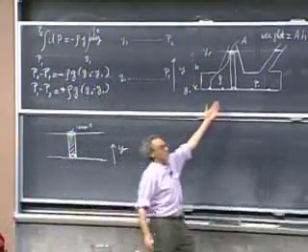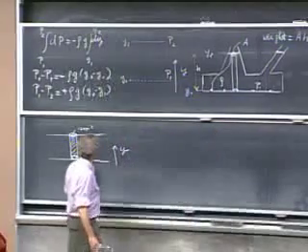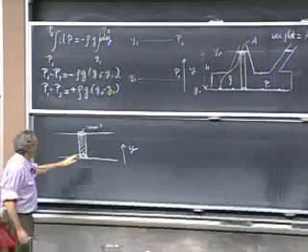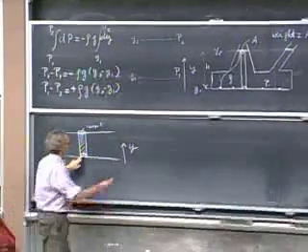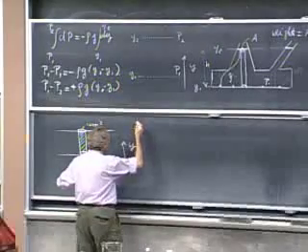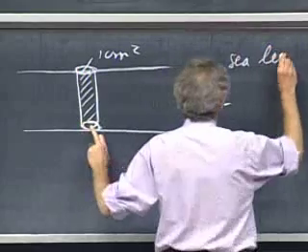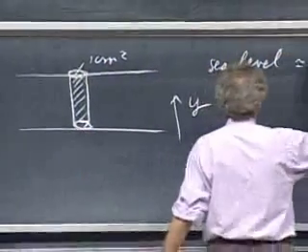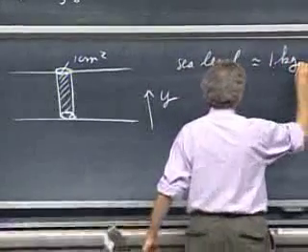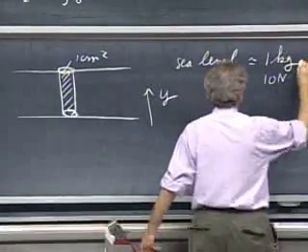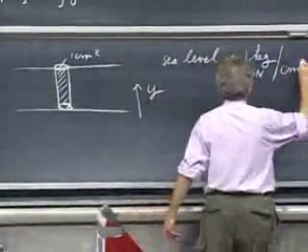Because I do that there, so that works, so it should work here. And what I find then is that at the bottom, at sea level, I find roughly 1 kilogram force, which is 10 newtons, per square centimeter.